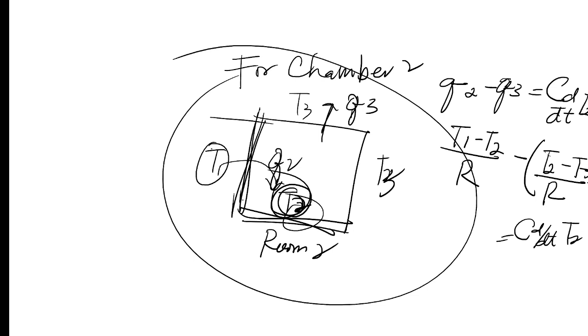So all we have to do is to clear the R. We're going to multiply the whole expression by R. So it will be cleared out. So T1 minus T2. Then this one will be cancelled now. So minus, distributive minus T2 then plus T3.